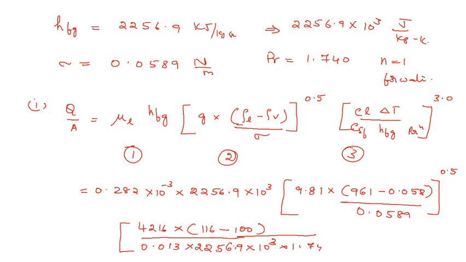And the power n is 1, so there is no change in our value, into 3. So as I told, you calculate the first term separately, the second term separately, and the third term separately. If you have made any mistake, when rechecking it will be easier to carry on.